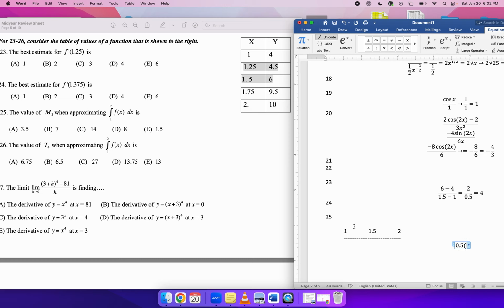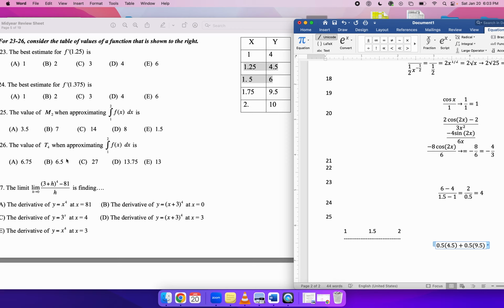The height is determined by the value of the function at the midpoint of this subinterval, which is the value at 1.25, which is 4.5, plus the area of the second rectangle. Well, the width is again 0.5 times what is the height? The height is determined by the value of the function at the midpoint of this subinterval, which would be at 1.75. So the height would be 9.5. So whatever that comes out to be should be the answer.